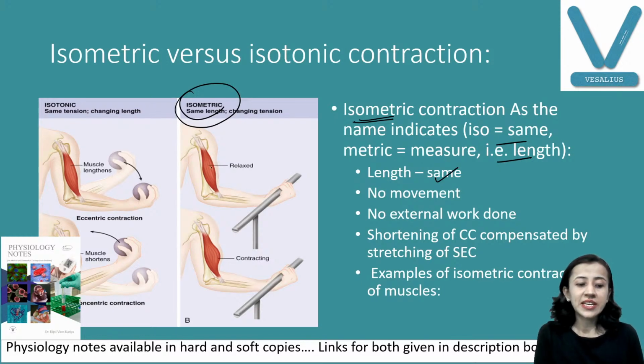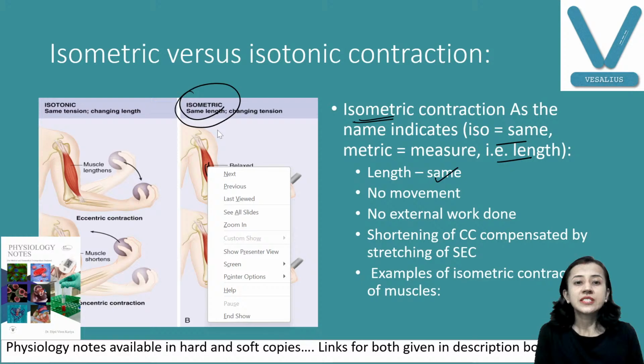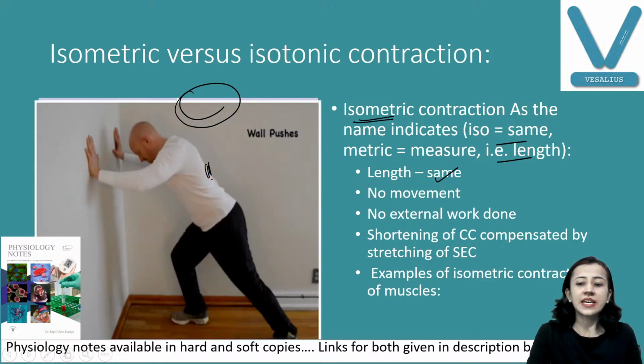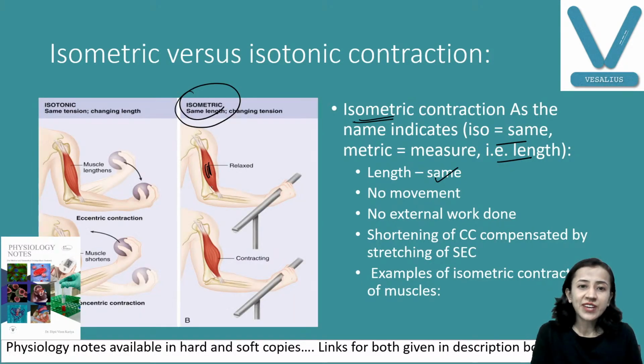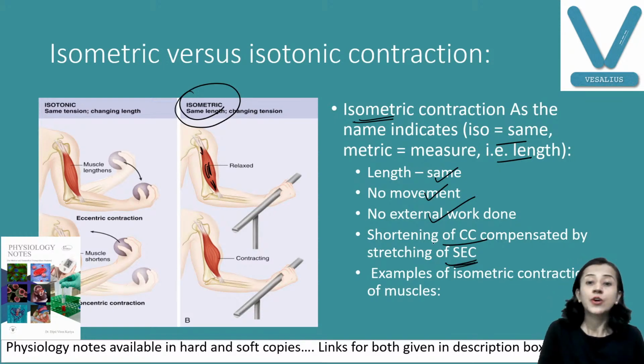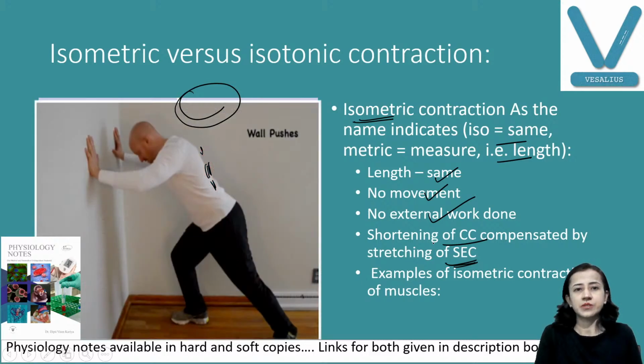As I told you, when the length remains the same, your contractile components contract, but the series elastic components are stretched, so the length will not change. With no change in length, no external work is done. There is shortening of contractile components and stretching of series elastic component. Examples are doing push-ups or pushing a wall, where there is no movement.